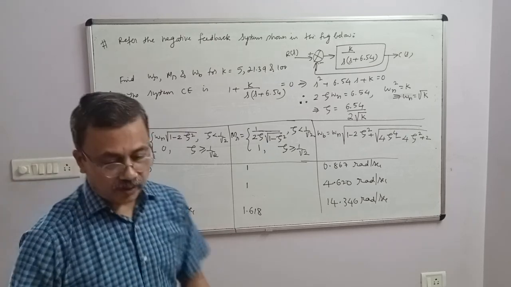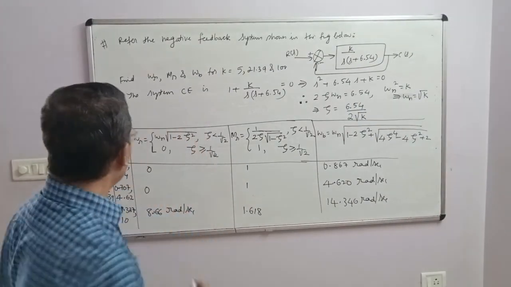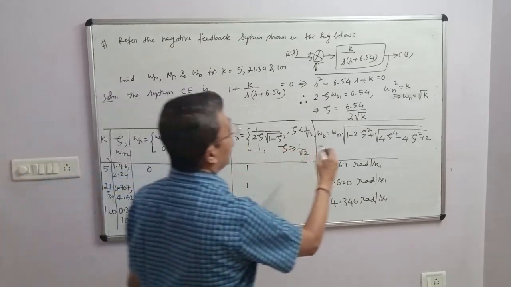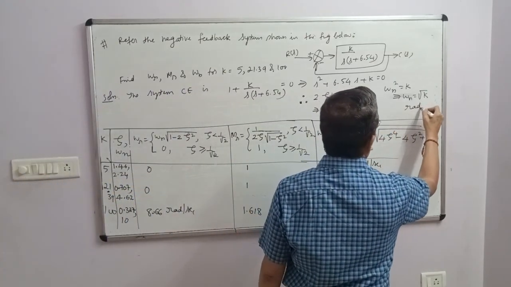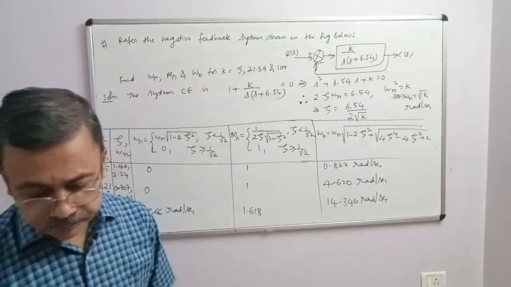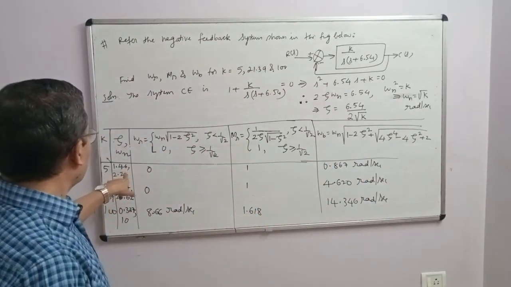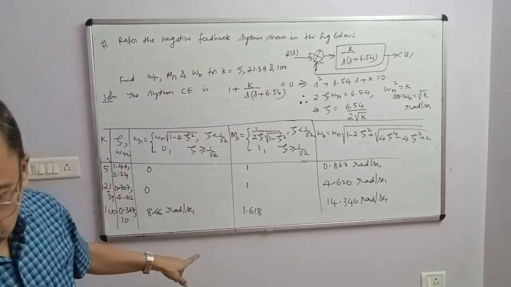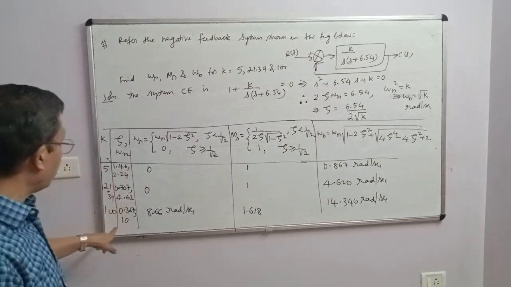So this problem is completed. Please note that the unit of omega n is radians per second. So we have finished the problem.